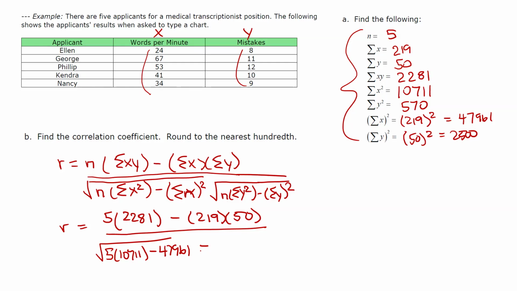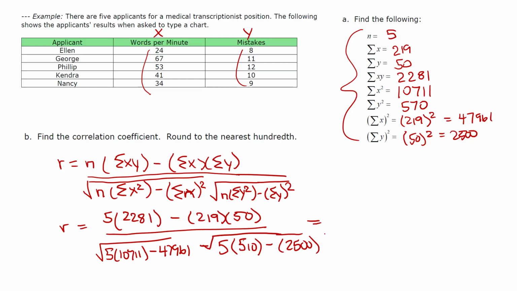I'm just substituting in my numbers from my table. Oh, there's no minus here. It's the square root. The sum of y squared is 510 minus the sum of y, that's 50. So 2,500 is the one at the bottom.